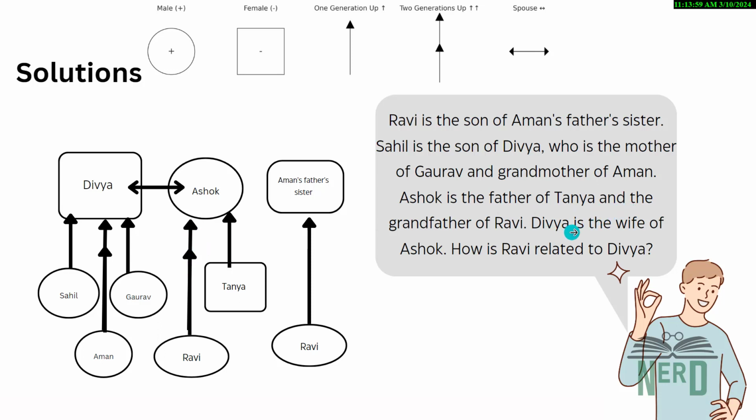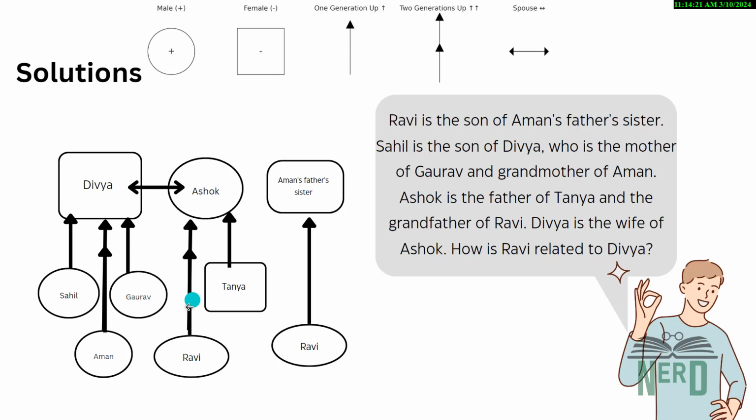And Divya is the wife of Ashok. Now it's so easy, right? We'll just use that spouse symbol that we have, the double-headed arrow. Now the mystery is solved, all of them are solved. Now the question is asking how is Ravi related to Divya?